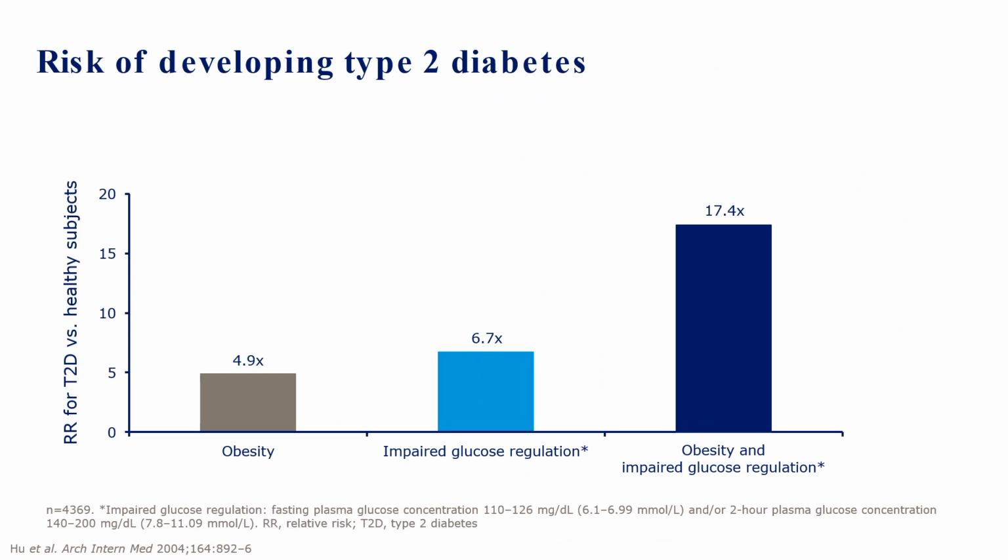So when one looks at the risk of developing type 2 diabetes, then if you are obese, you've got a 5 times increased risk of developing type 2 diabetes in comparison to a healthy subject.